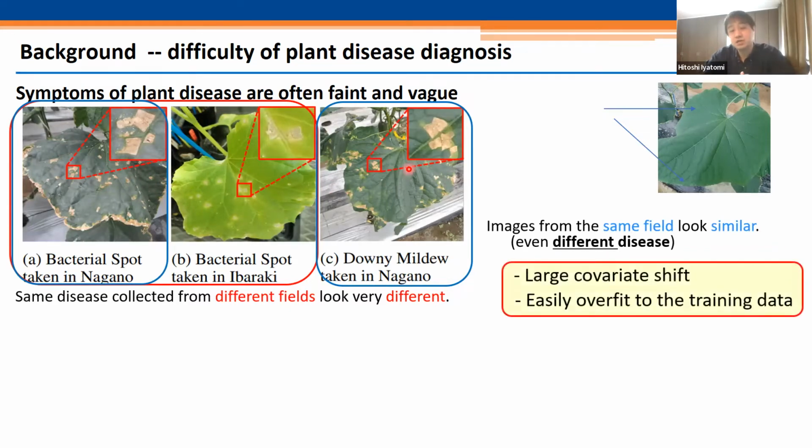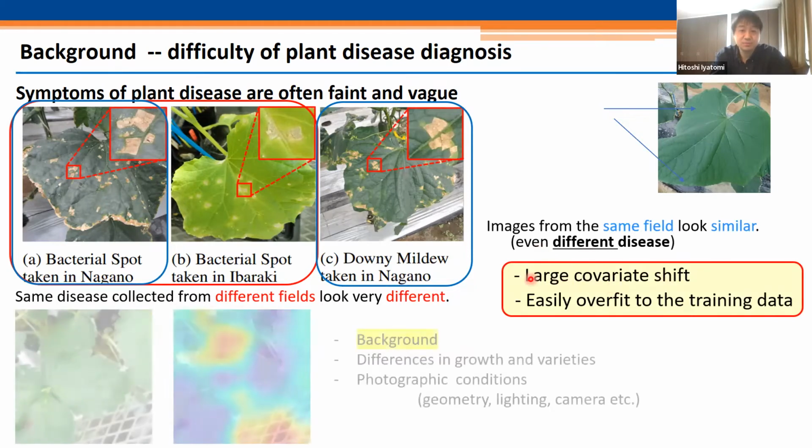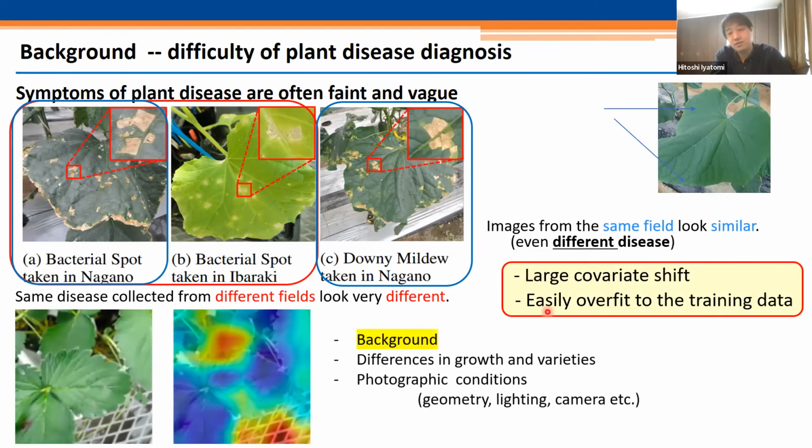So you can see plant disease diagnosis has a large covariate shift problem, and therefore it is easy to overfit to training data if the number of training data is not enough. Here is an example of a strawberry image diagnosed with a CNN model. Here is a heat map obtained by Grad-CAM.